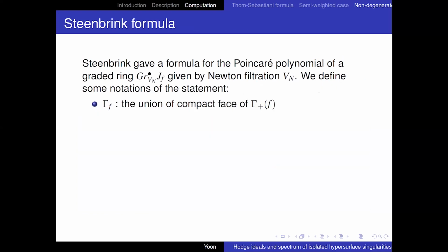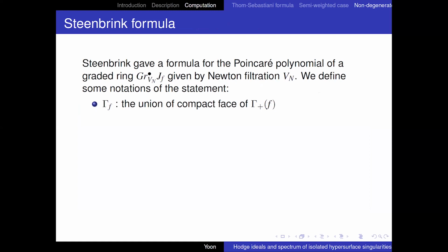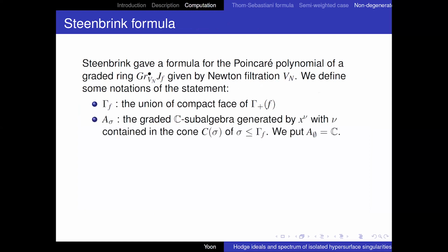All right. Then the question is, how to calculate the Poincare polynomial of this ring? We need some notations on this graded ring.